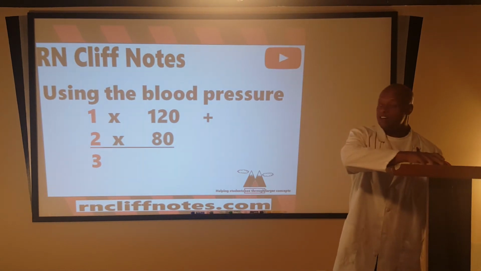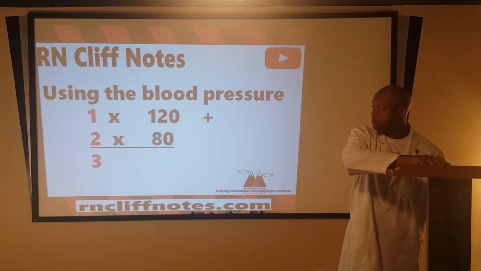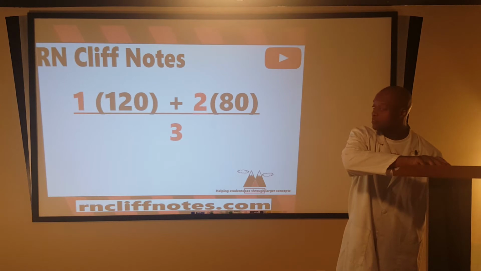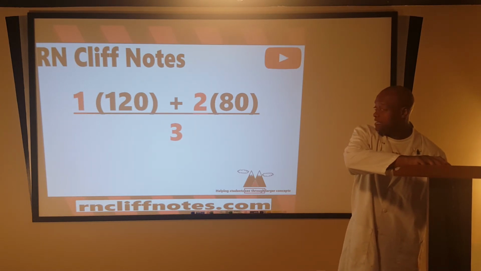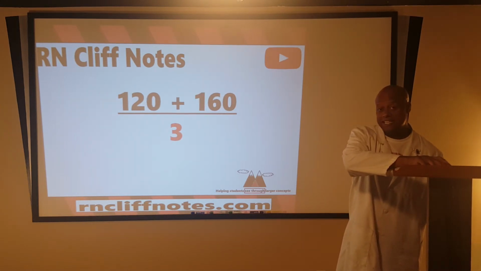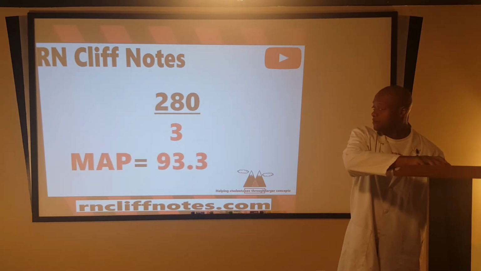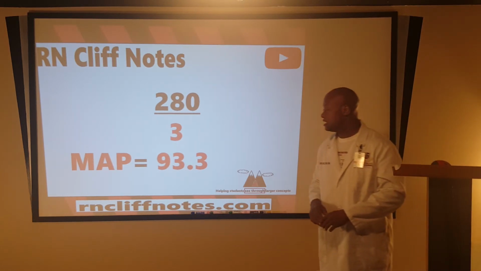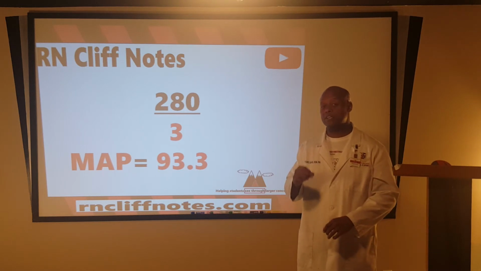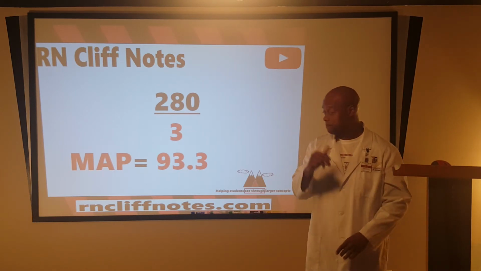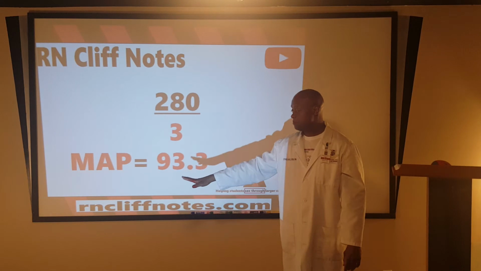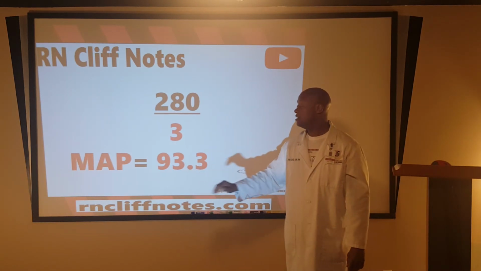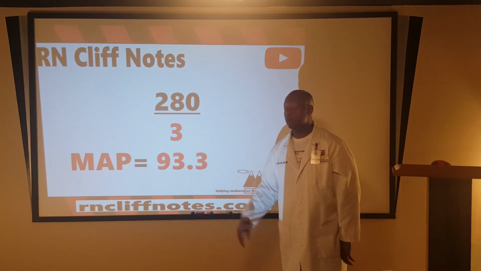Taking that a step further, put it back in our formula. 2 times 80 is 160. 120 plus 160 is 280. And 280 divided by 3 is 93.3. We said we were going to the tenths place, right? Okay, so the MAP, the mean arterial pressure in that case, is 93.3.